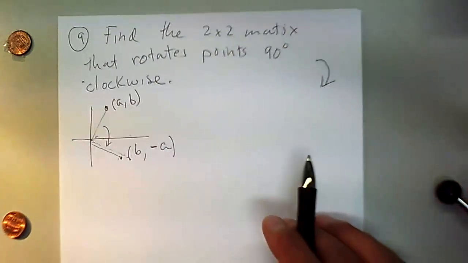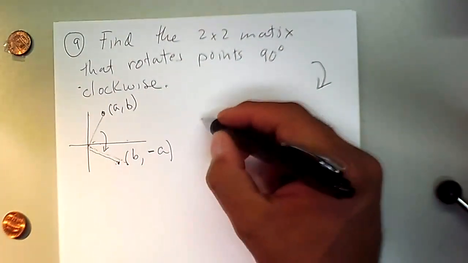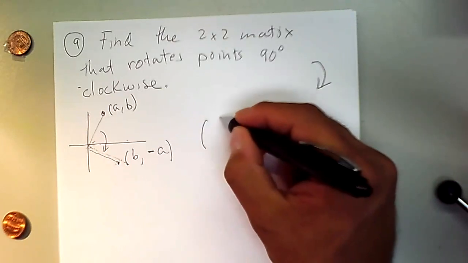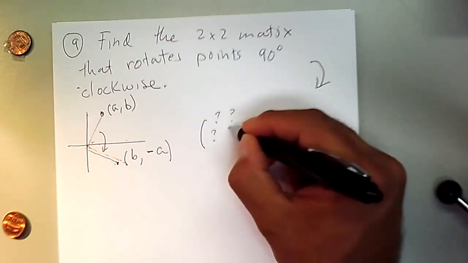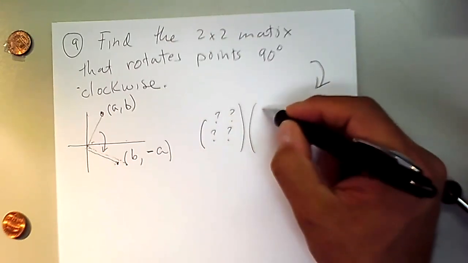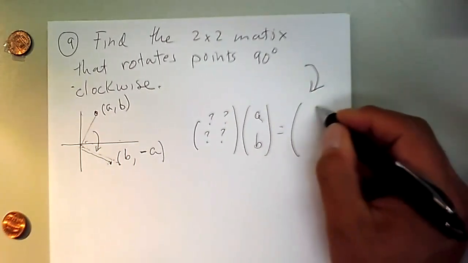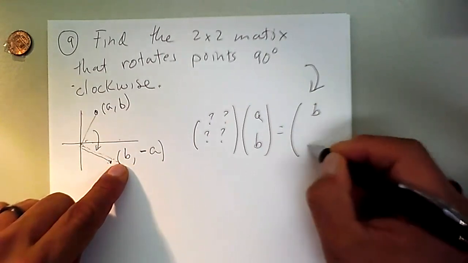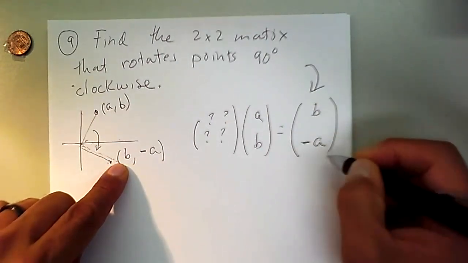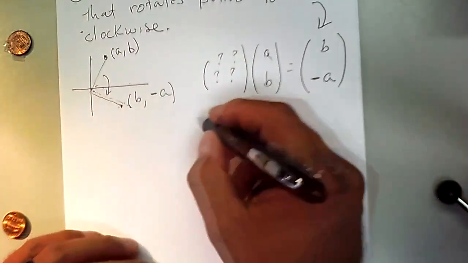Okay. So now we want to know the matrix, again, question mark, question mark, question mark, question mark, so that when we multiply with AB, we end up with B, opposite of A. Okay, I should have just kept that blank so I can fill it in.